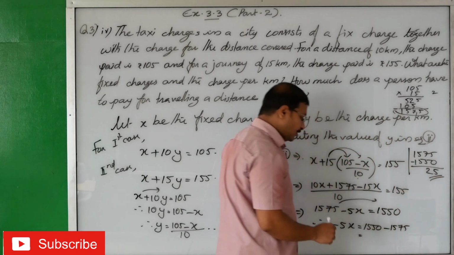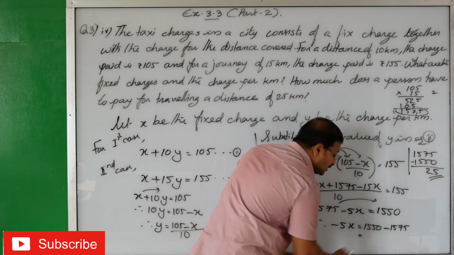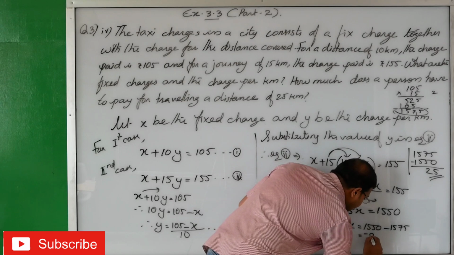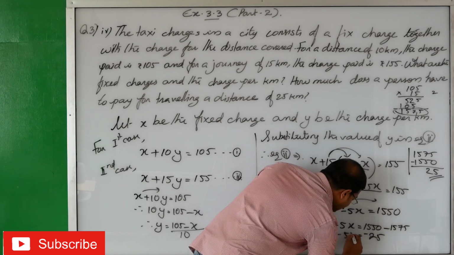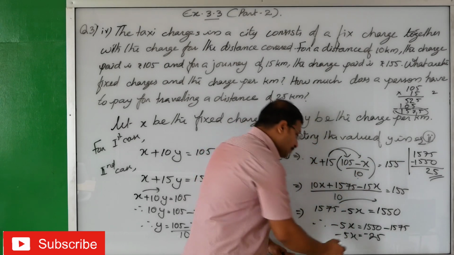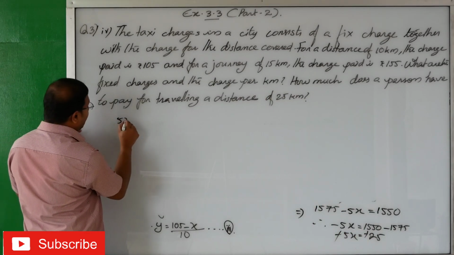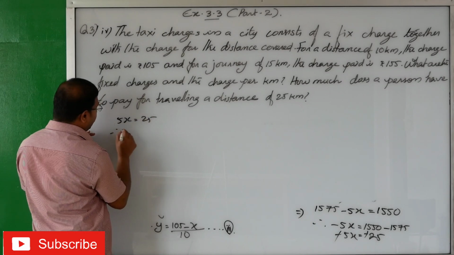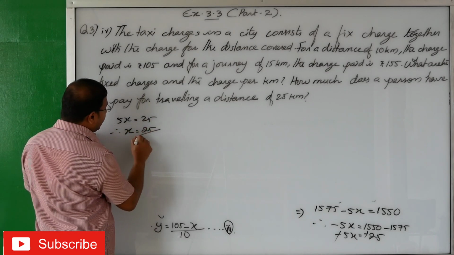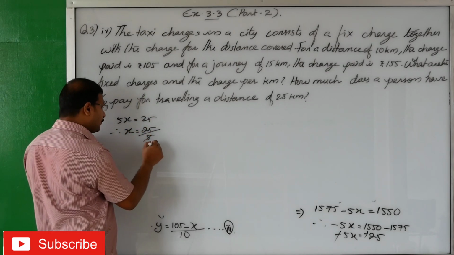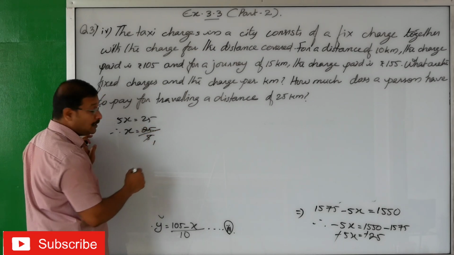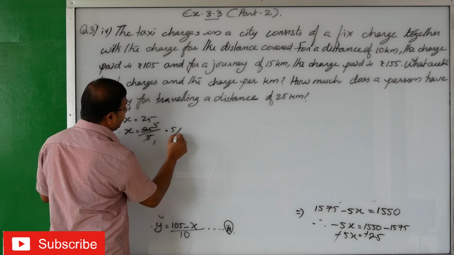So we'll get 25. But of course, the bigger number is minus, so the answer is minus 25. That is minus 5x equal to minus 25. Both sides minus will cancel. That means we got it. 5x equals 25. Therefore, x equals 25 by 5. 5 ones are 5. 5 5s are 25. So the answer is 5.